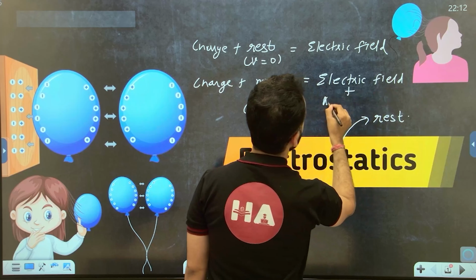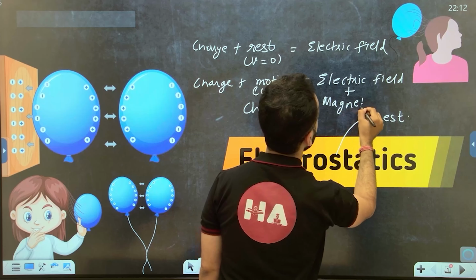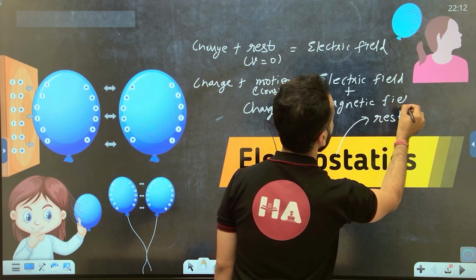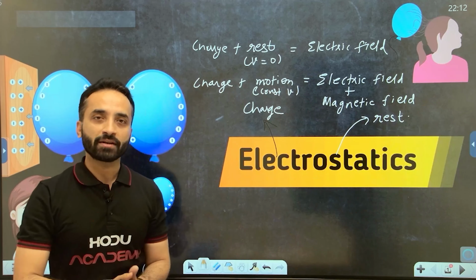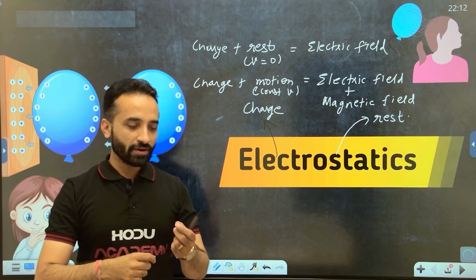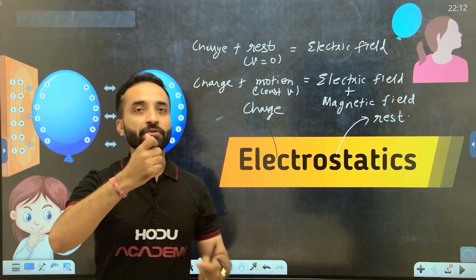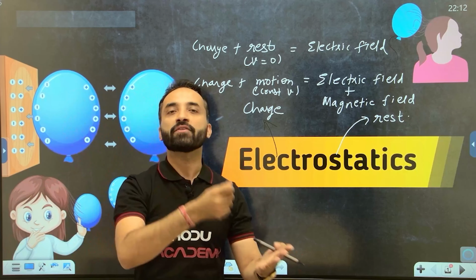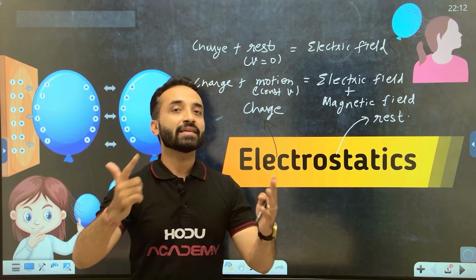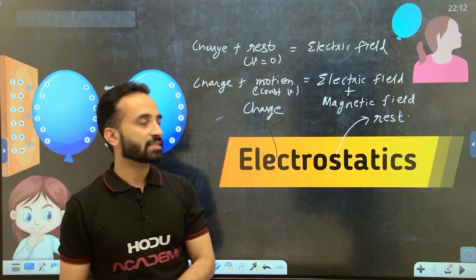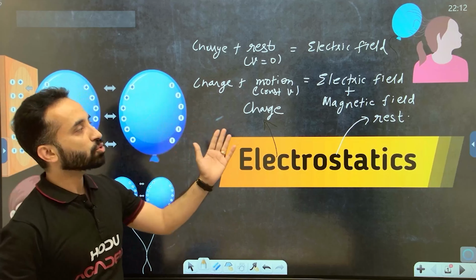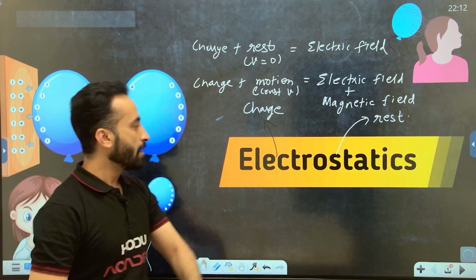Now there will also be a magnetic field, dear student. Quickly, let's revise again. When we have a screwdriver and we wind a wire over it, and when we pass a current through the wire, it starts behaving like a magnet. So current has its magnetic effect. That's what you've learned in class 10th, right? So charge when in motion produces electric field as well as magnetic field.